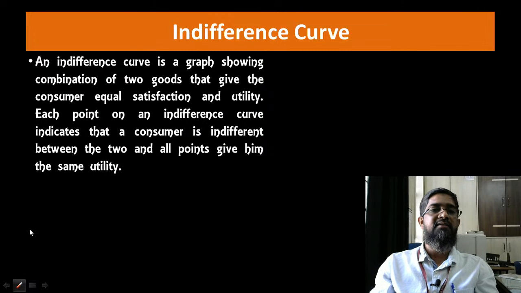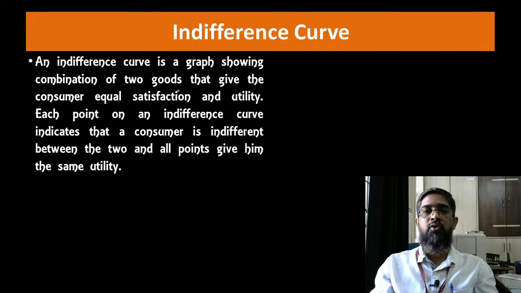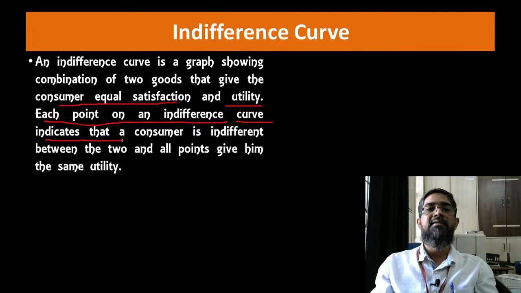Indifference curve is a graph showing combinations of two goods that give the consumer equal satisfaction or utility. Each point on an indifference curve indicates that a consumer is indifferent between two, and all points give the same utility, right?